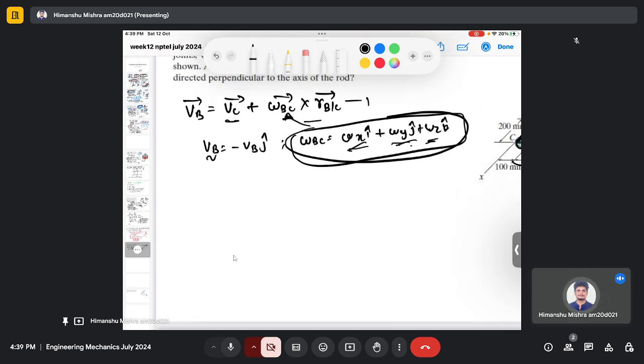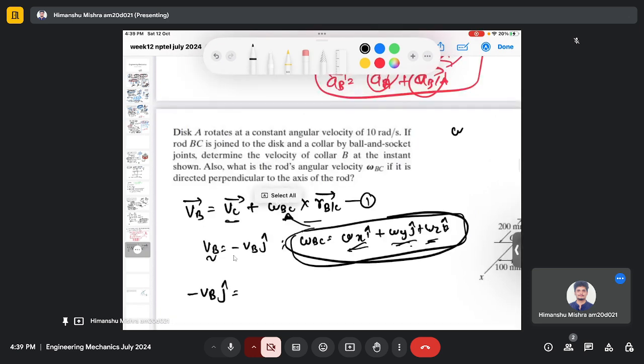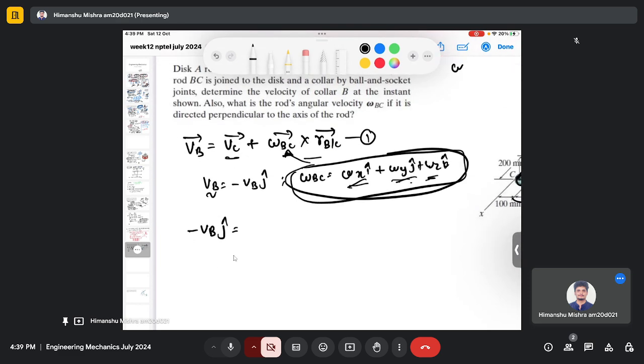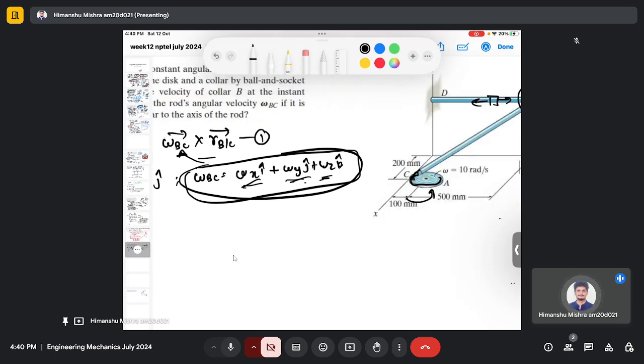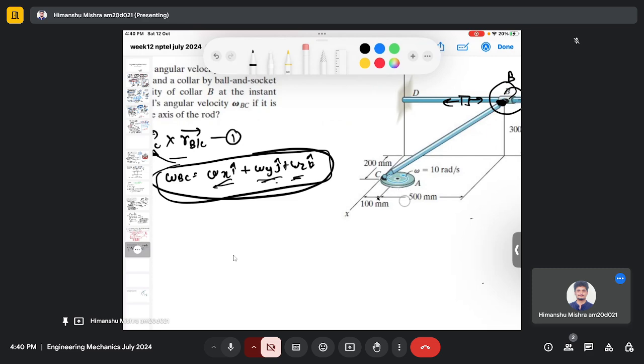So using this equation 1, we have minus VB j equals VC plus omega BC cross R_BC. What is the velocity of point C? Because we are given the angular velocity, the velocity of point C will be omega cross the radius or diameter of this disk, right?